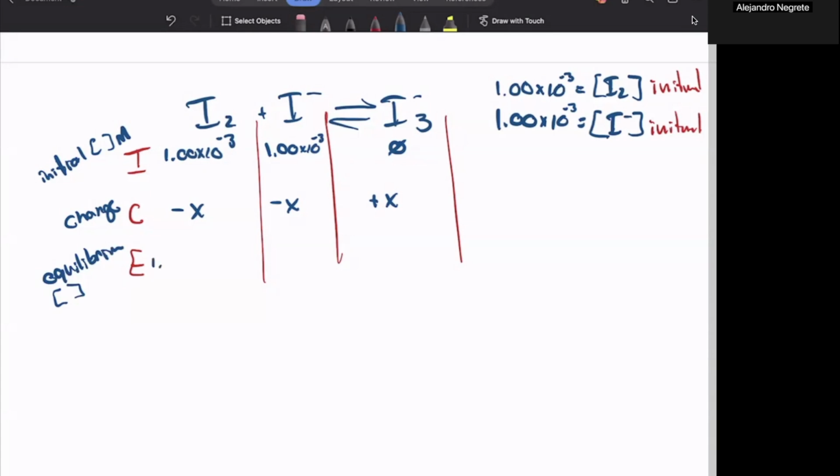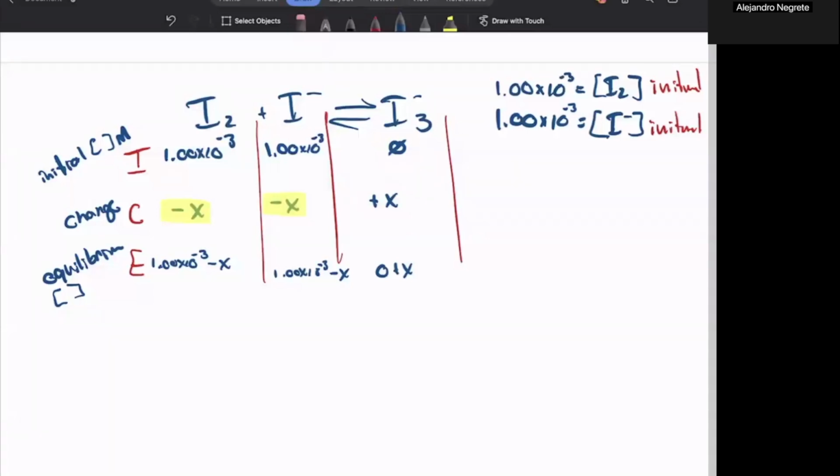Now we have 1.00 times 10 to the minus 3 minus x, 1.00 times 10 to the minus 3 minus x, and here we have 0 plus x.